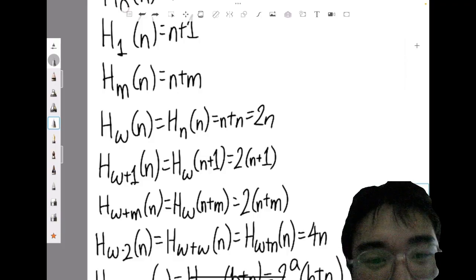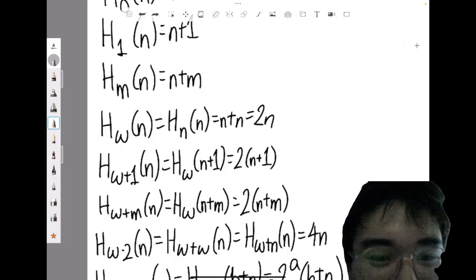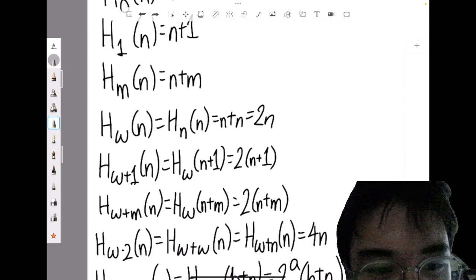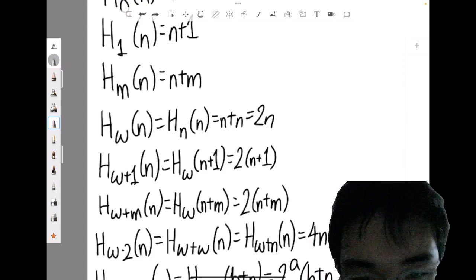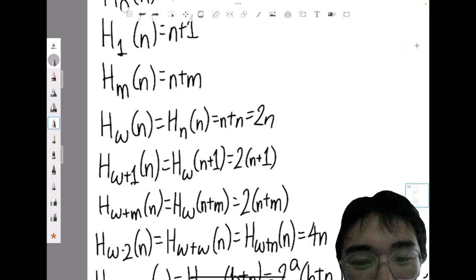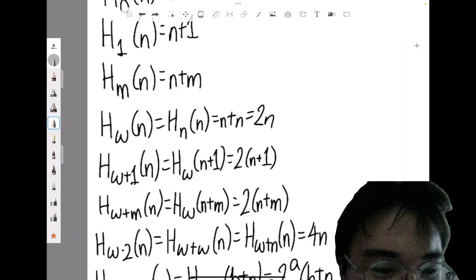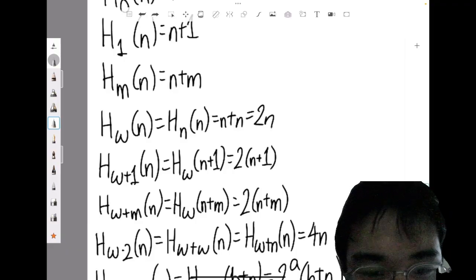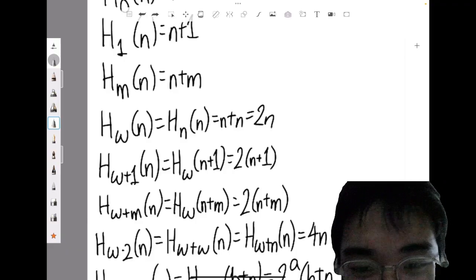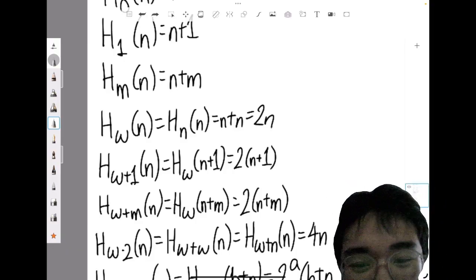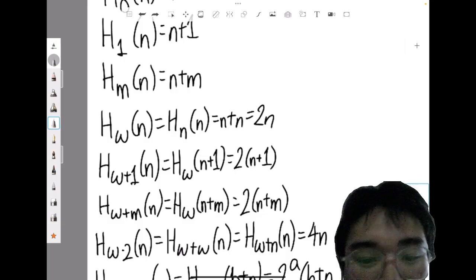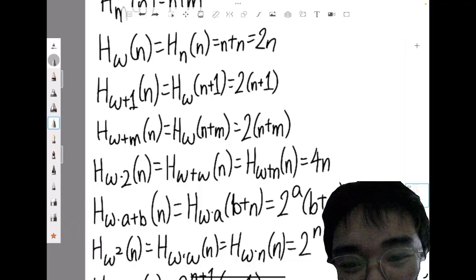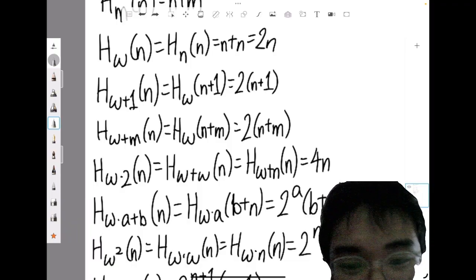And then when you put omega, the omega gets replaced by n, so it's h sub n of n, which is n plus n, which is 2 times n. And then again you can continue to add 1. So h sub omega plus 1 of n is 2 times the quantity n plus 1, and if you add an m here, it's just 2 times the quantity n plus m.